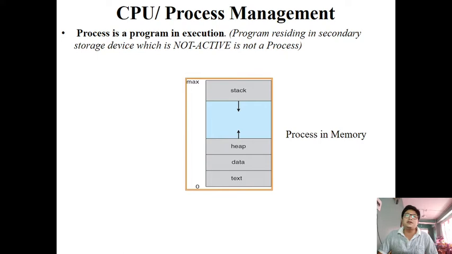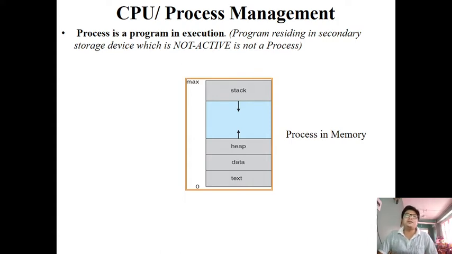And when the program is inside the primary memory, at that time we say the program is converted to a process. So a process is a program under execution, and it is in the active state.